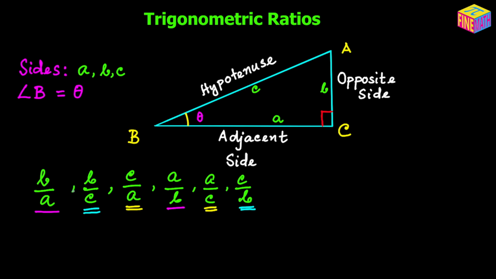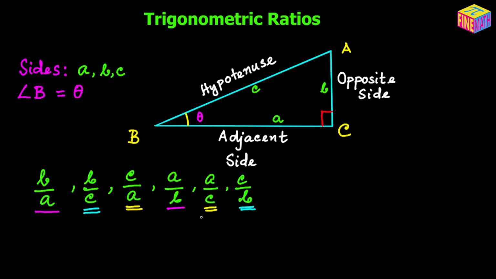From the three sides, we can create three pairs, and we can use them in the form of a ratio and also use their reciprocals. For example, b is to a and a is to b are reciprocal to each other. Similarly, b is to c and c is to b, and c is to a and a is to c, are also reciprocals of each other.